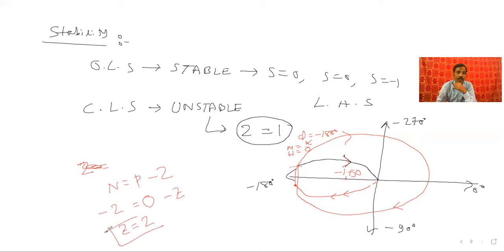Z has some value, so the system will be unstable. So closed loop system unstable. This is the Nyquist plot for G(s)H(s) equals to 1 by S square into S plus 1. So thank you.